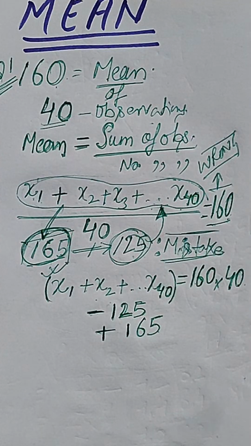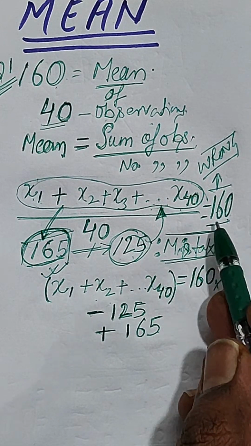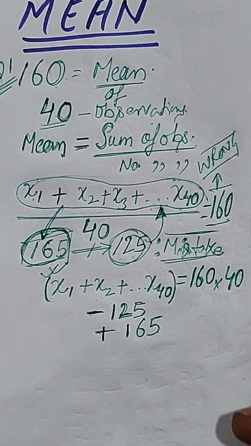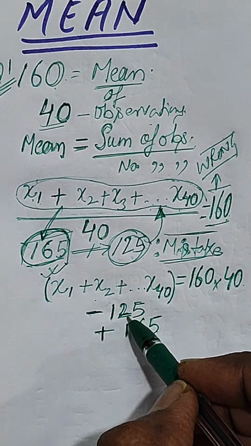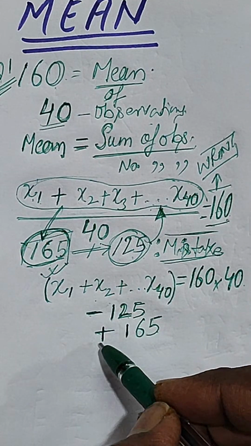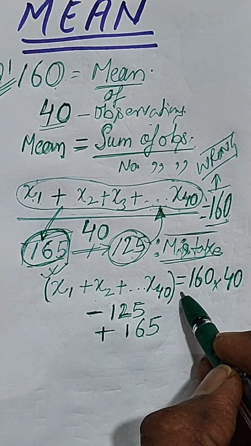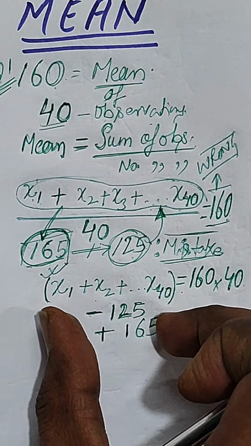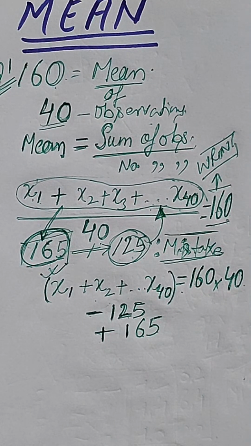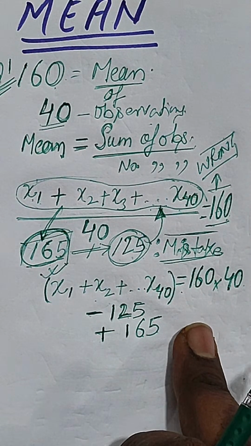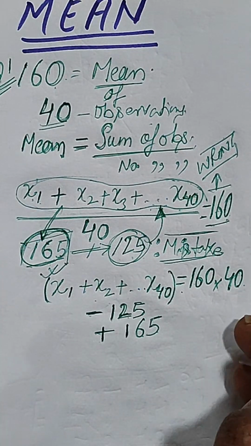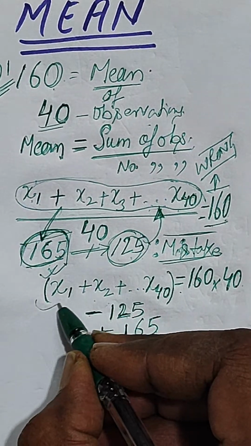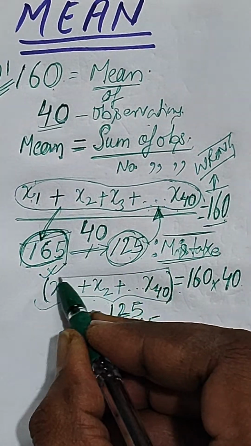If this is wrong, how do we find the correct mean? Just remove this 125 and add 165 in the sum of observations. Then you will get the exact summation.